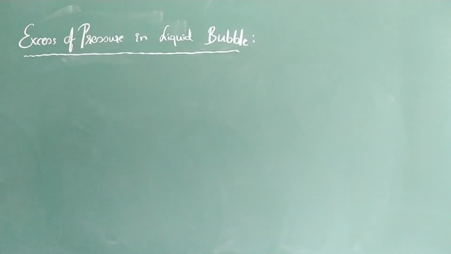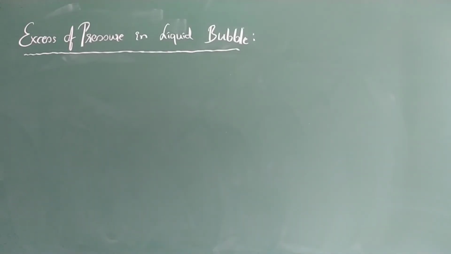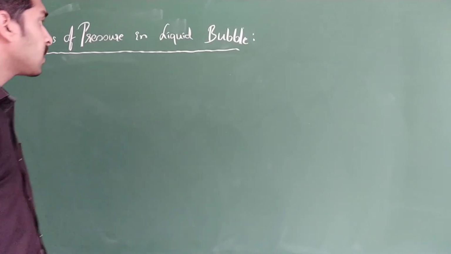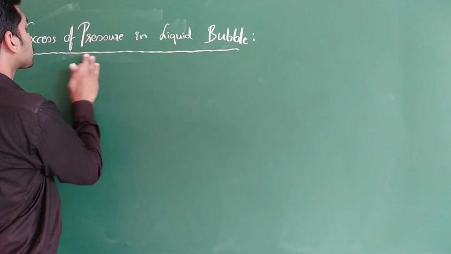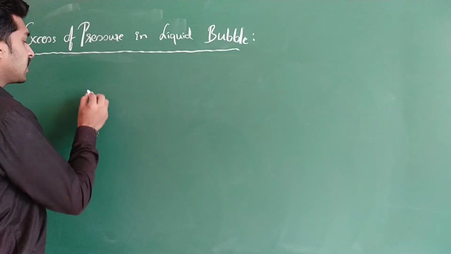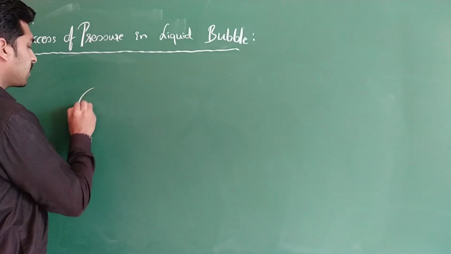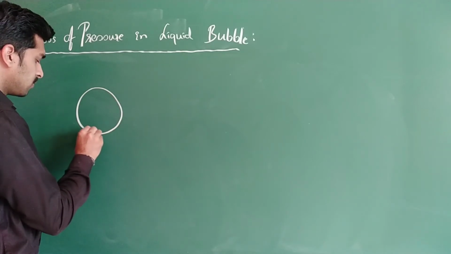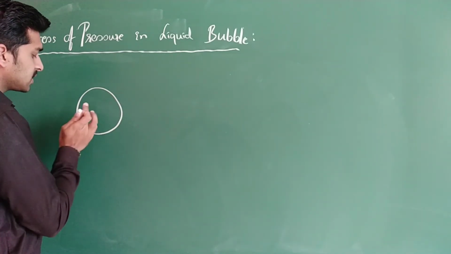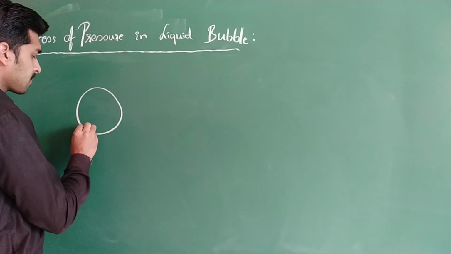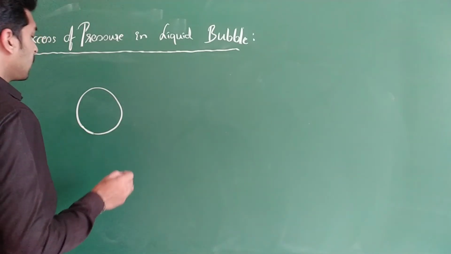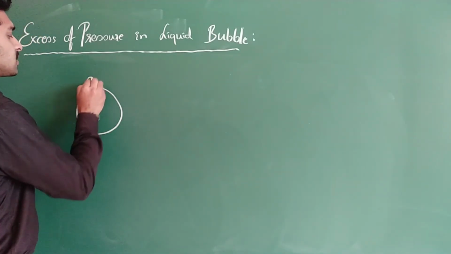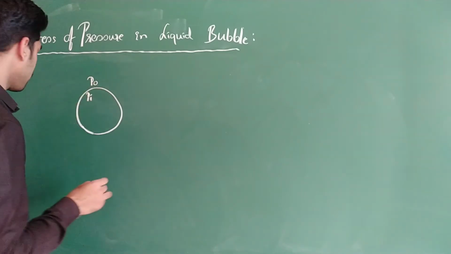So once again, here we are going to consider a liquid bubble whose radius is R. Pressure outside is P naught, pressure inside is Pi.